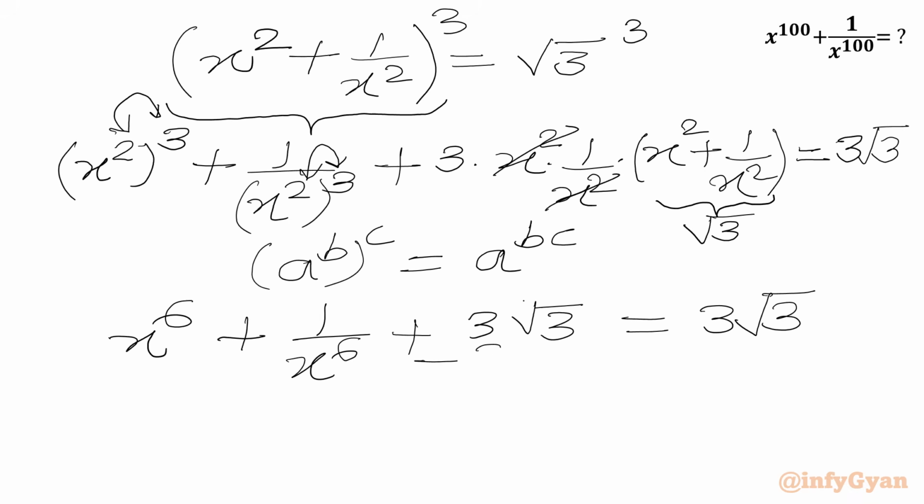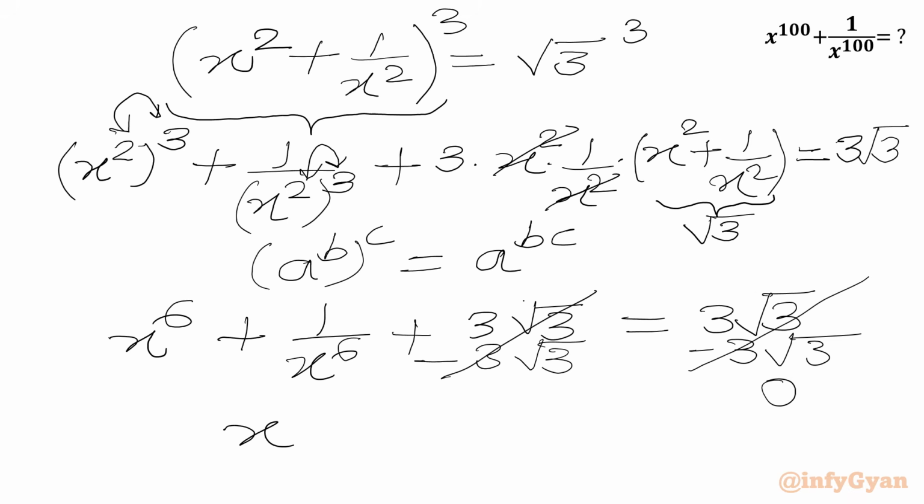Now we have to subtract 3 square root 3 from both the sides. So RHS will give us 0. In LHS, it will be left with x power 6 plus 1 over x power 6 equal to 0.